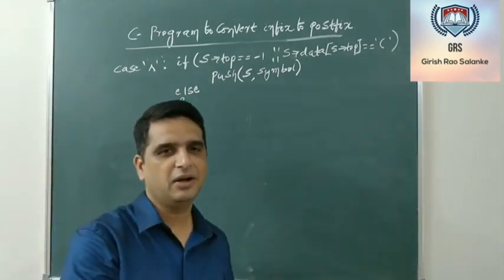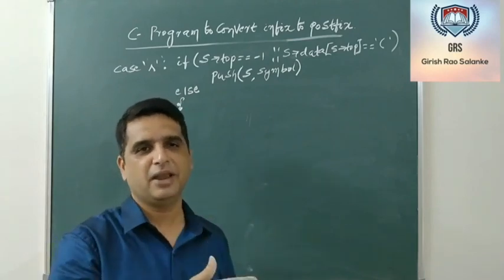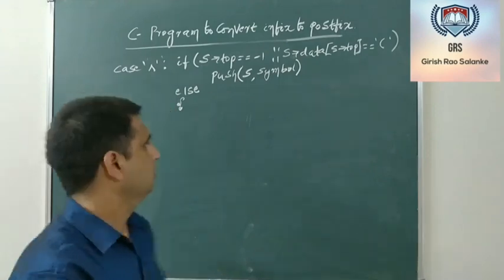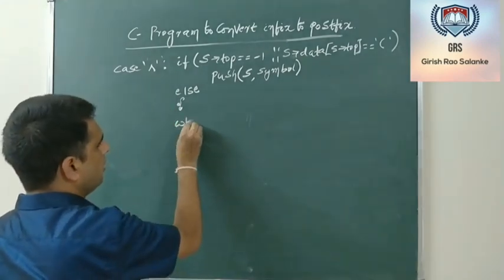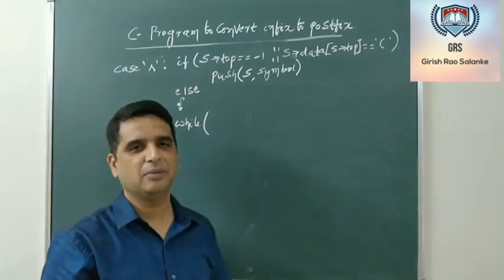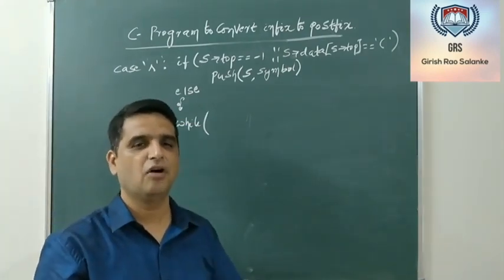If stack is not empty, nor top of stack is a left parenthesis, I need to check the precedence of top of stack. So what we are supposed to do: while, we'll write a function by name precede, which holds the precedence of all the operators.